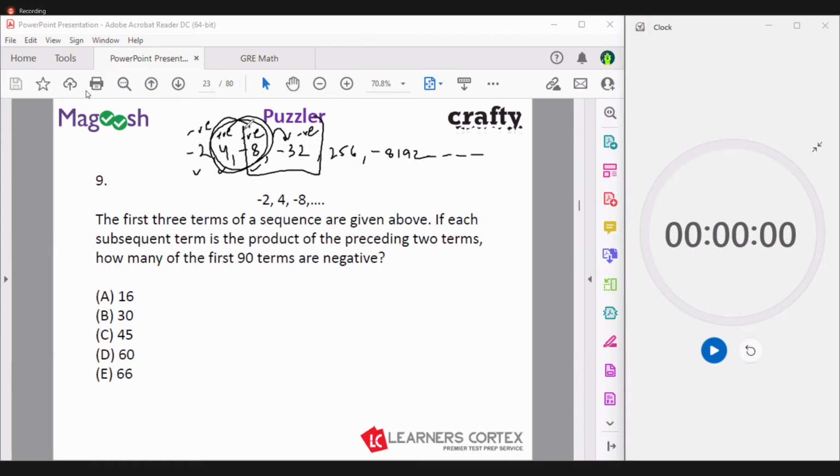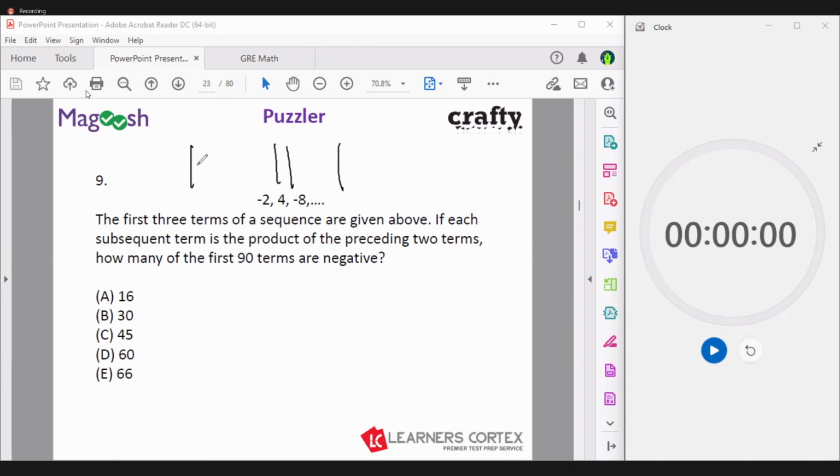Then when 2 negatives come, this would be positive, and then again a negative and a positive number. So basically it is divided into sets of 3: negative, positive, negative, then again negative, positive, negative.